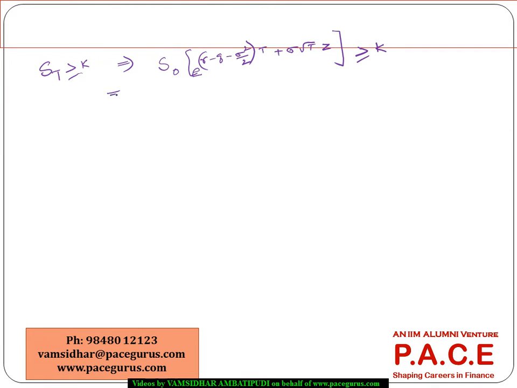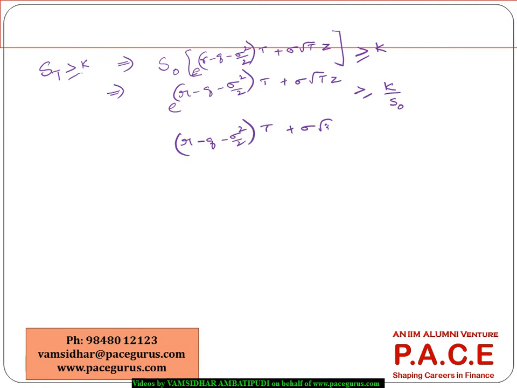Again, a simplification now. e to the power of (R minus Q minus sigma squared by 2) into T plus sigma root T Z is greater than or equal to K by S naught. And probably again, if I am taking the log, (R minus Q minus sigma squared by 2) times T plus sigma root T times Z is greater than or equal to log K by S naught.